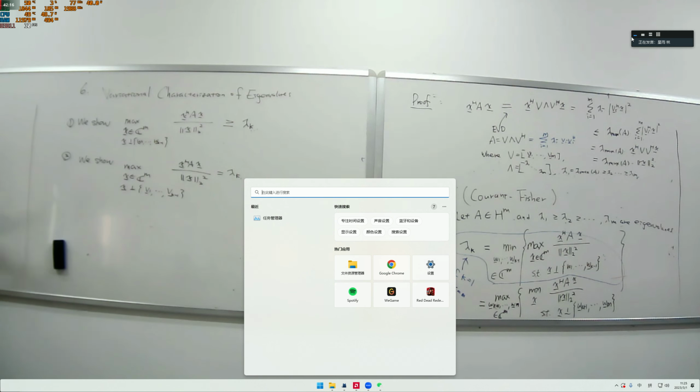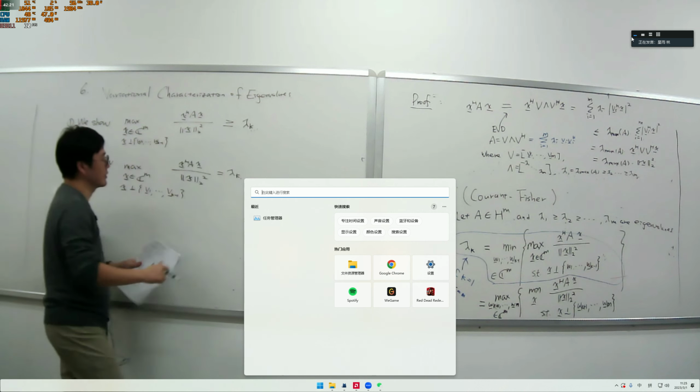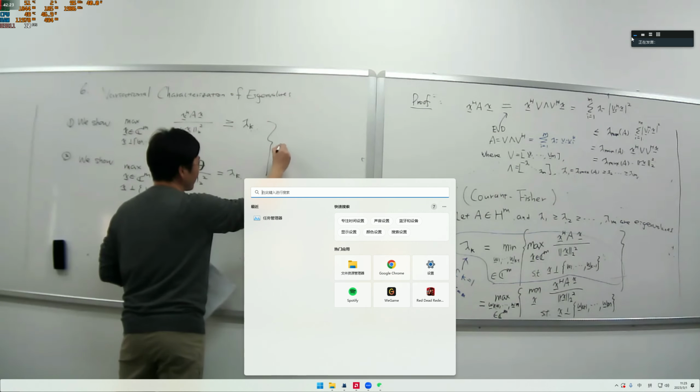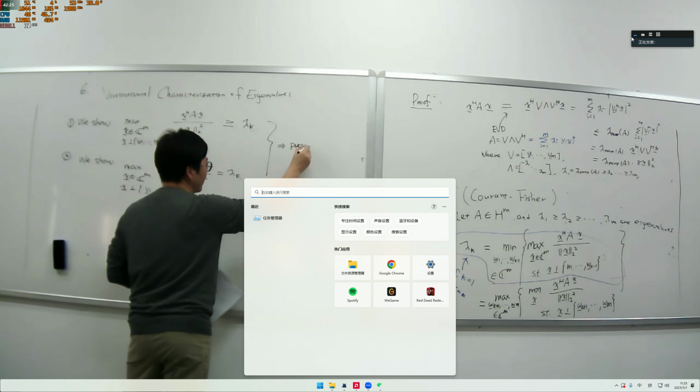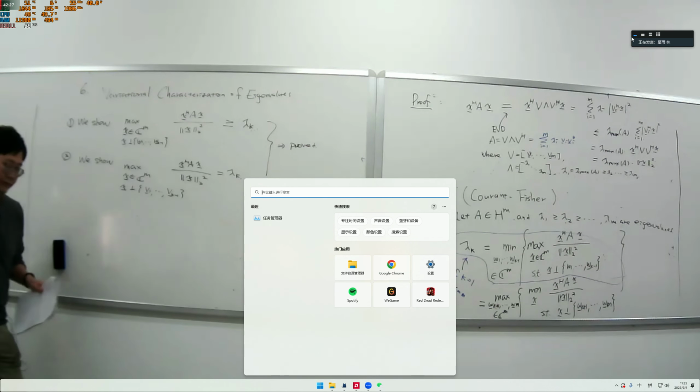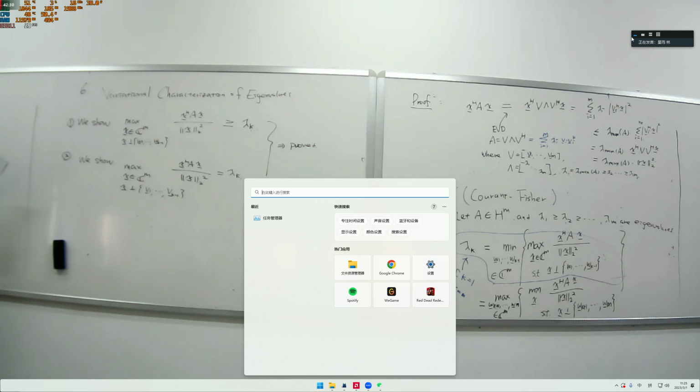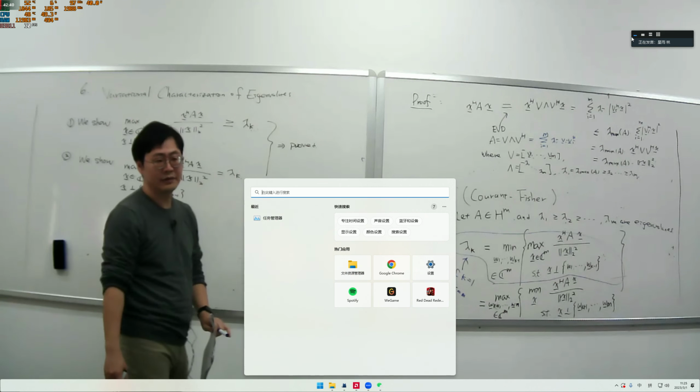The second one is actually much easier to show. If we prove these two, then we prove this. Is that okay?